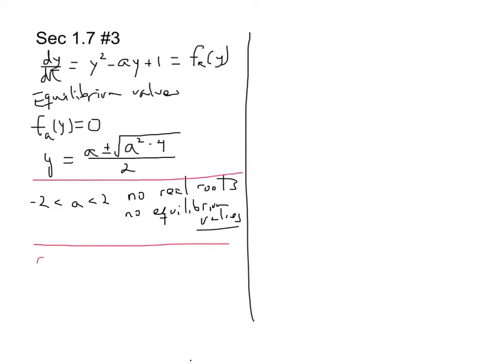If a equals 2 or a equals minus 2, there's exactly one equilibrium value, namely y is equal to a over 2.